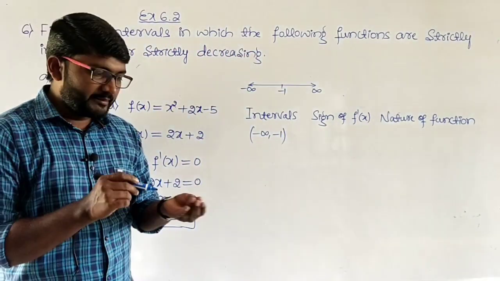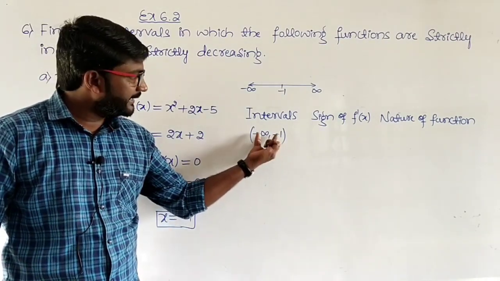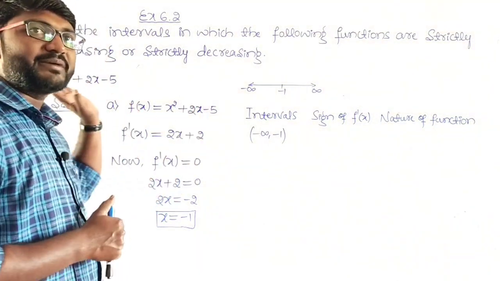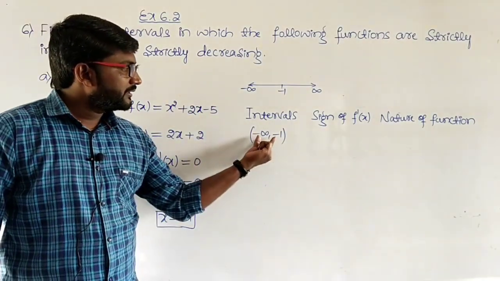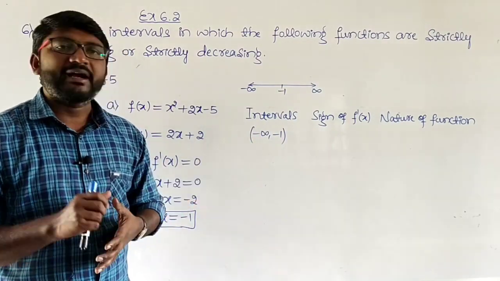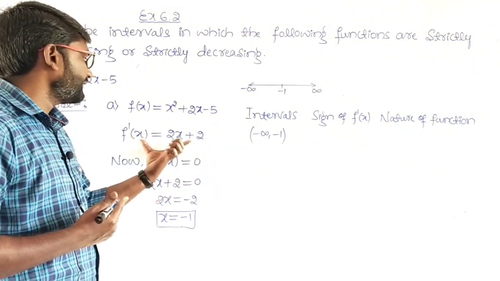Now in between these two, it is an open interval, so we have to leave the end points and take in between values. So minus 1, minus 2, minus 3, so on up to minus infinity. Here we can take minus 2, minus 3, minus 4, anything. I will be taking minus 5. So here substitute minus 5 in f dash of x.